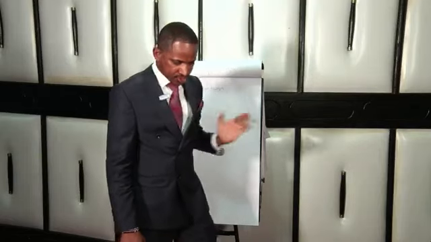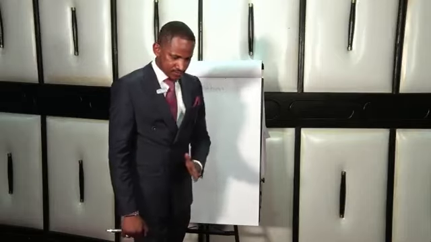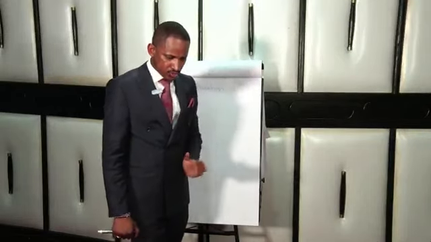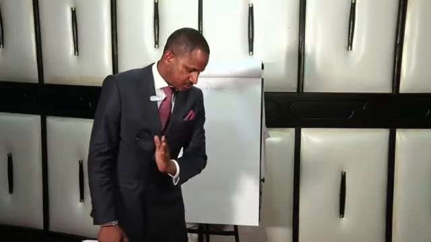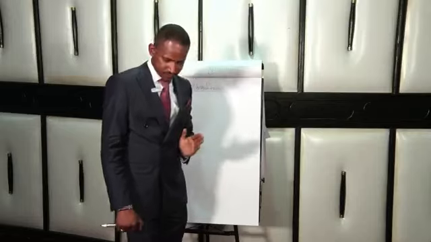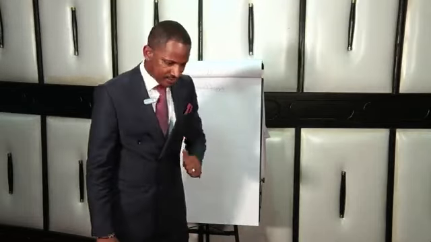So in extradition, America as a country will ask Kenya. America is called the requesting country and Kenya is called the extraditing country, to extradite the accused, the suspect, to their jurisdiction so that he can be tried there.